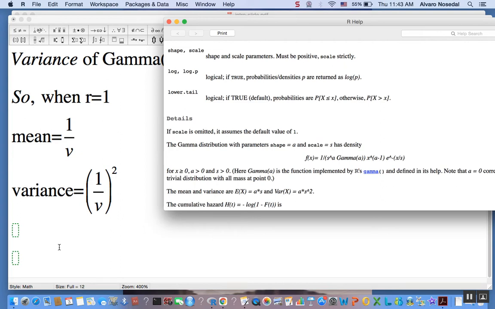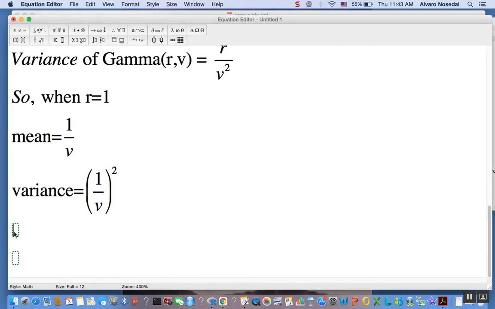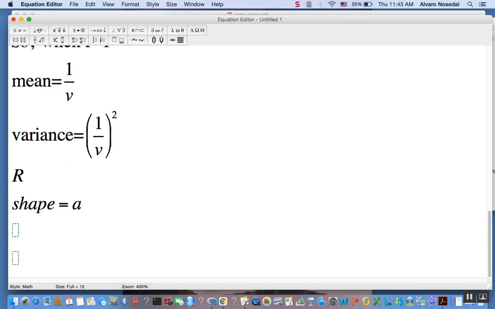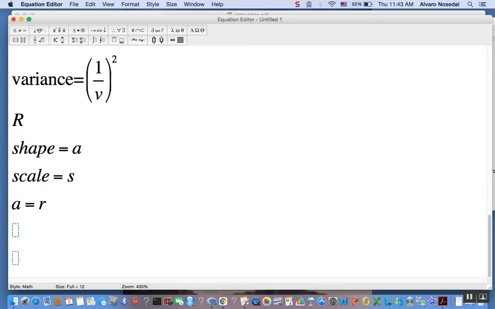This is as far as the way R does things: shape equals a, and scale equals s, and the correspondence is that a equals r and s equals 1 over v.